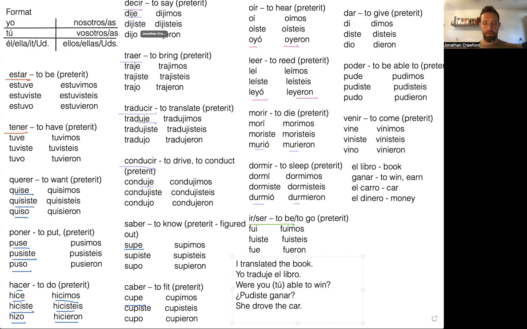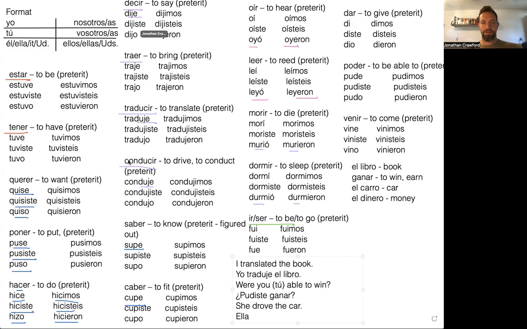She drove the car. Ella. How do you say to drive? Conducir. You can remember that because it means to conduct. So like if you conduct, sounds like a stagecoach, right? You're the conductor.